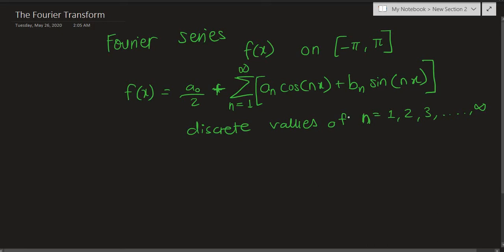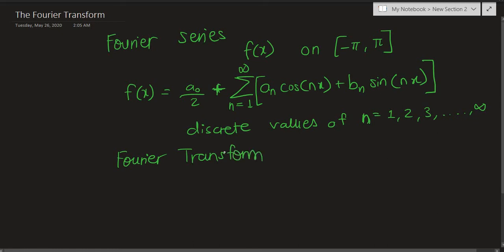So one way to overcome this limitation, we defined the continuous version of the Fourier series, and we call it the Fourier transform.